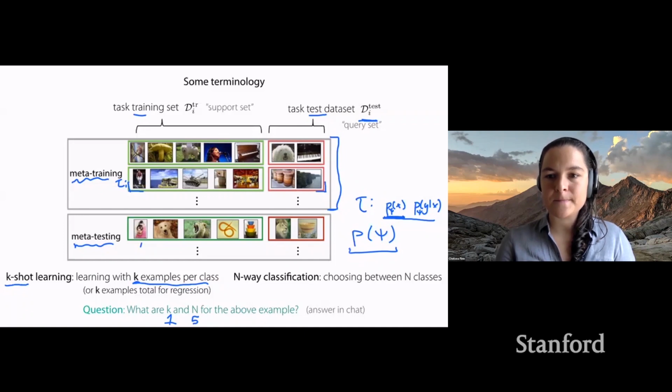Hi, I have a general question. I wonder how robust meta-learning is compared to conventional supervised learning, for example, if there are some wrongly labeled images in the image classification example. Yeah, so I think it's going to depend on the algorithm that you use.